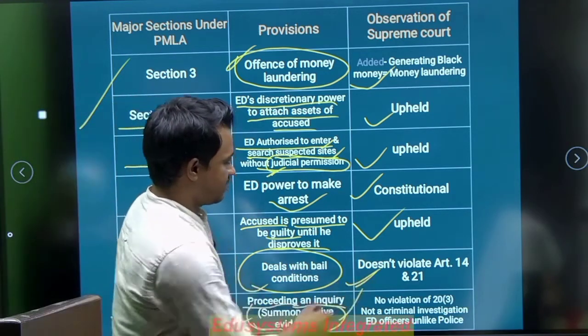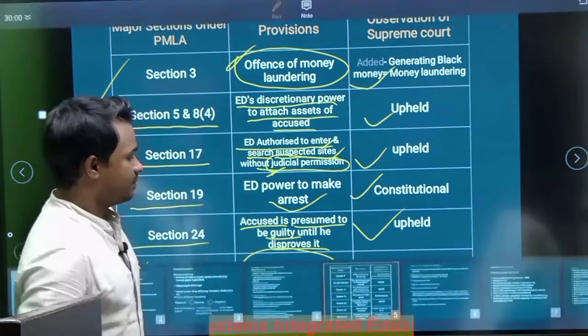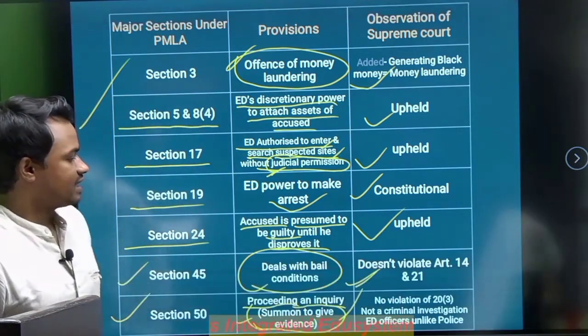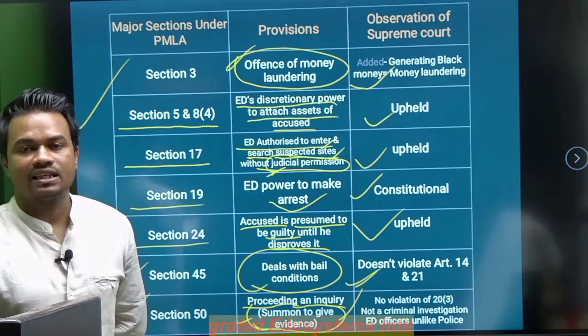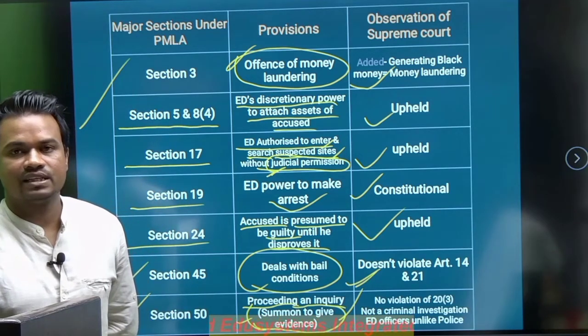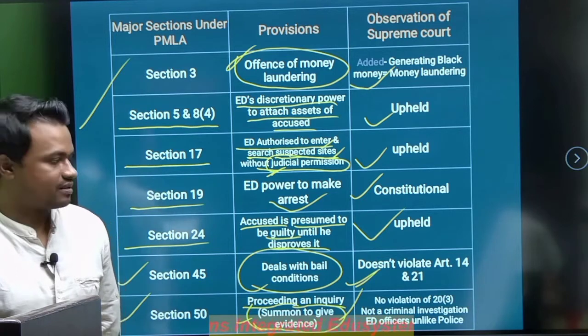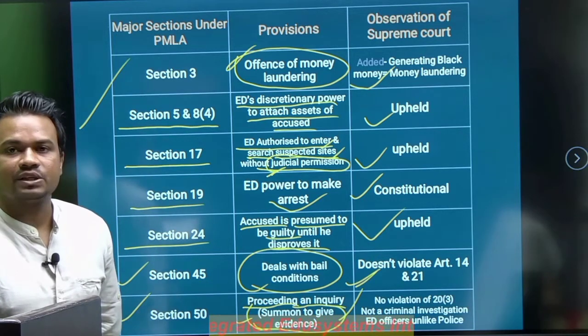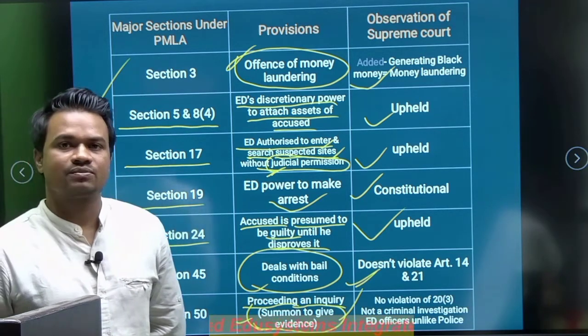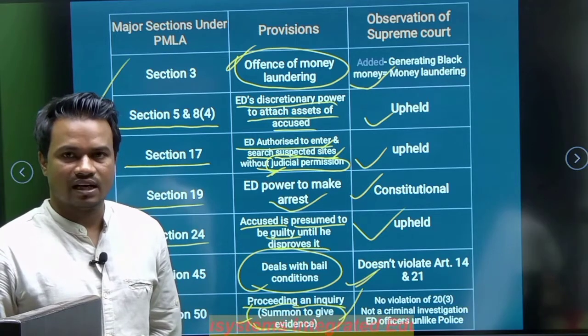Here the petitioners had challenged that this violates the fundamental rights, Article 23, that is regarding no self-incrimination, meaning a person or accused cannot be a witness against himself or herself.